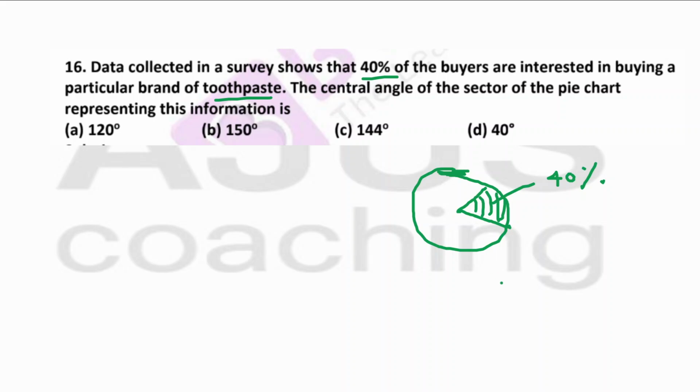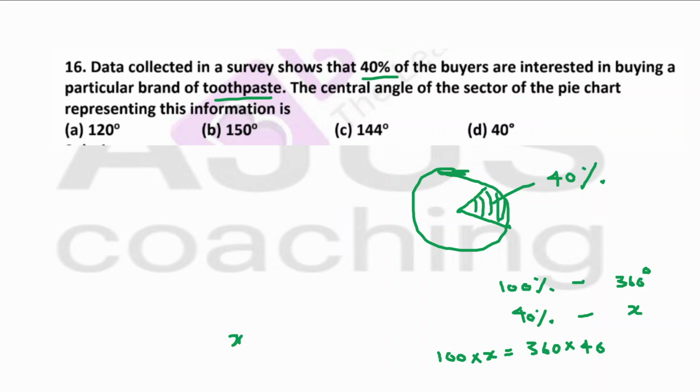So how much is the angle? See, 100% is 360 degrees. So 40% is what? Let it be x. So now if you solve this, 100 into x is equal to 360 into 40.